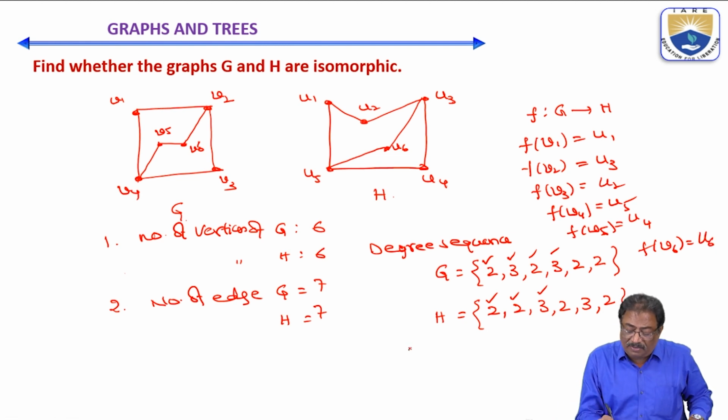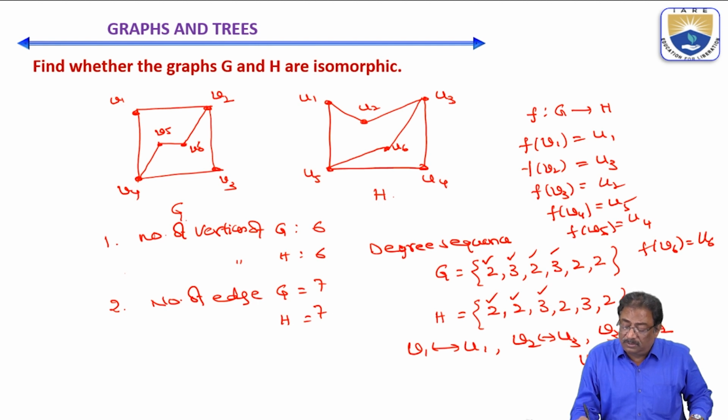So the mapping is V1 to U1, V2 to U3, V3 to U2, V4 to U5, V5 to U4, and V6 to U6. So under this mapping, we can say that the two graphs are isomorphic to each other.